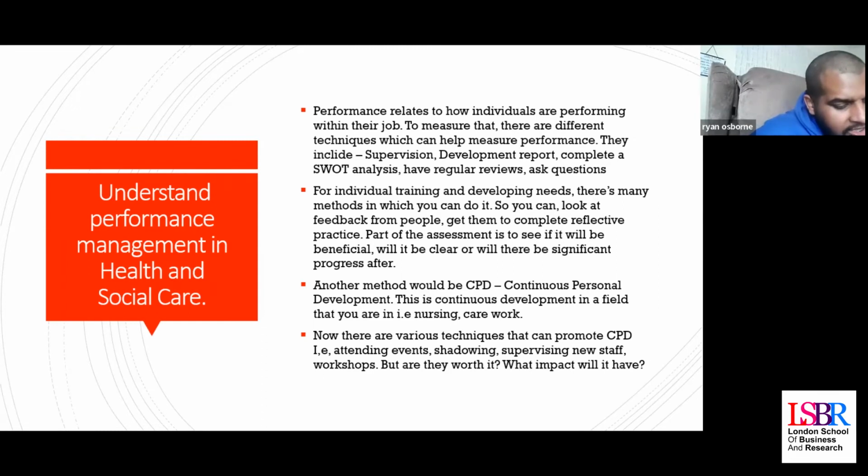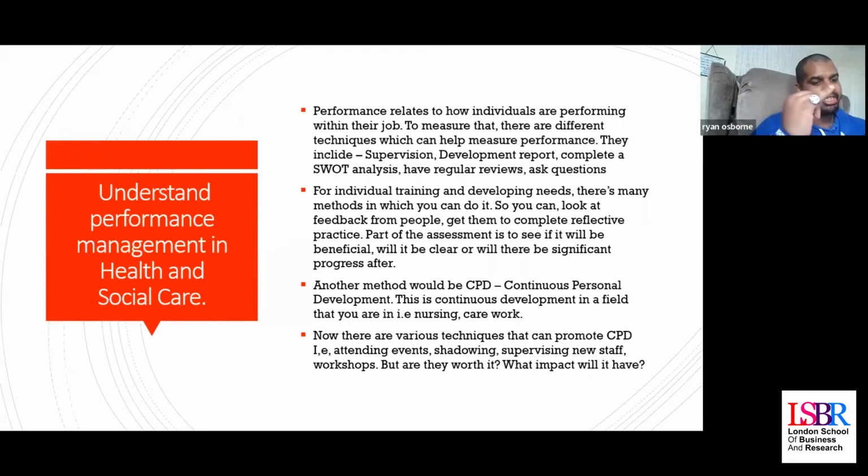So let's look at this, and then we'll have some time for review and questions and answers. When we look at performance management now, we're looking at performance and managing the performance.